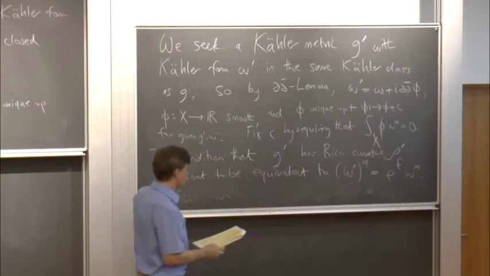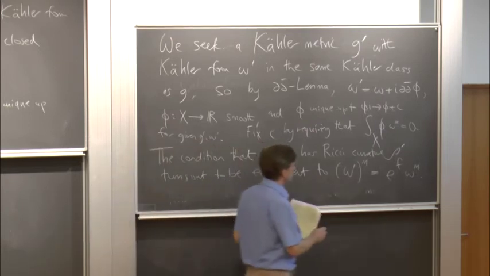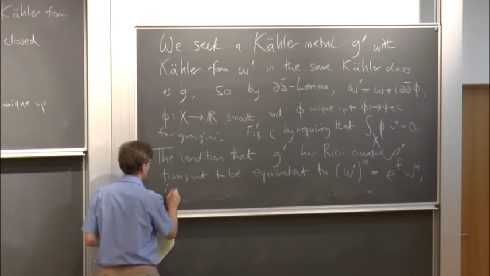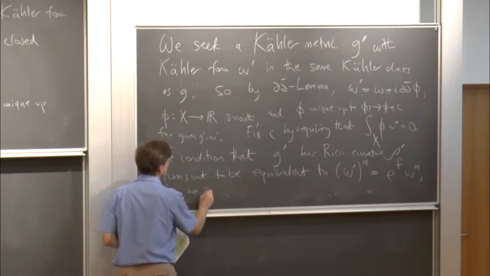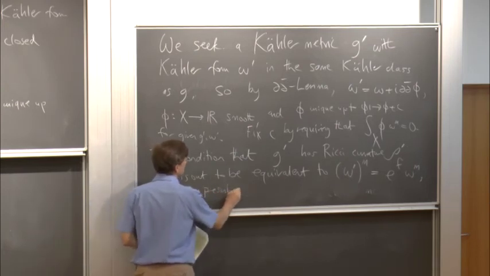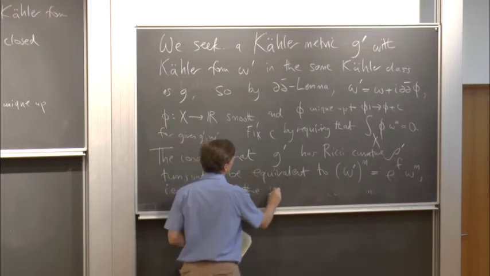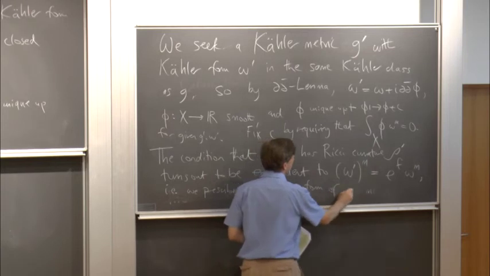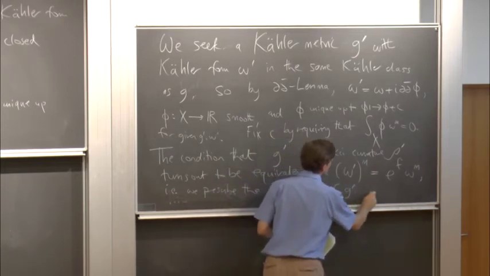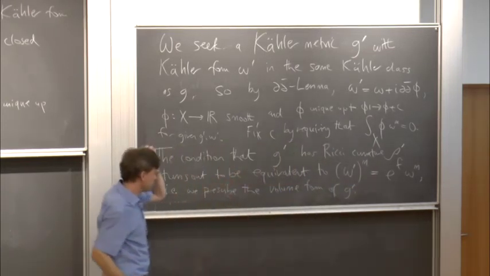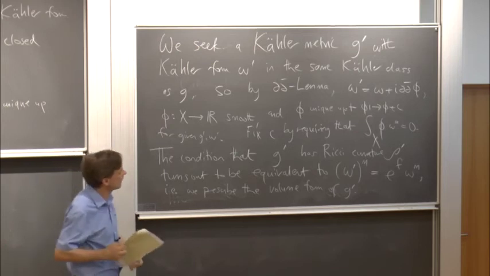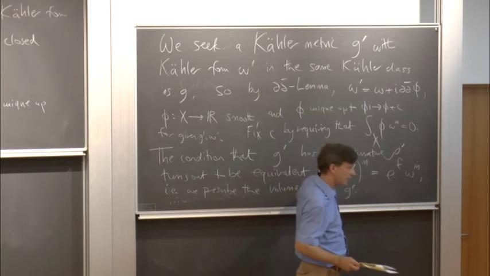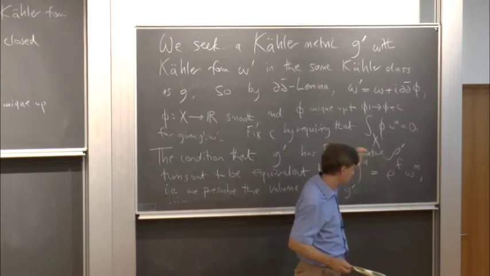Okay, so in other words, we prescribe the volume form of g'. The volume form of g' is ω'^m divided by m factorial, which is that over m factorial.